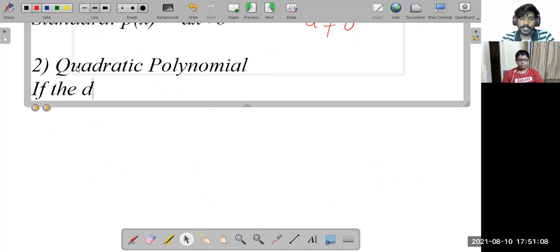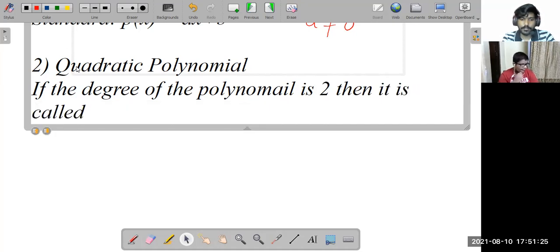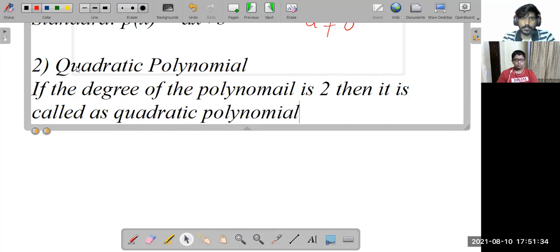If the degree of the polynomial is 2, then it is called a quadratic polynomial.